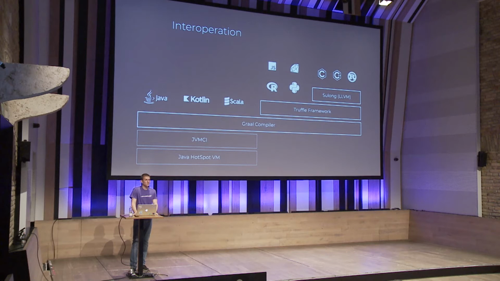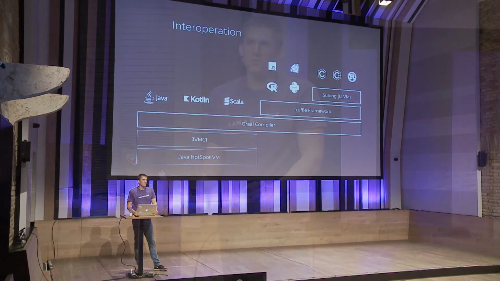So traditionally, if you want to interoperate between different technologies, usually you have to run your applications in different processes, and to exchange data between the processes, you have to use some kind of serialization. For example, you can use HTTP REST over JSON or XML or something.